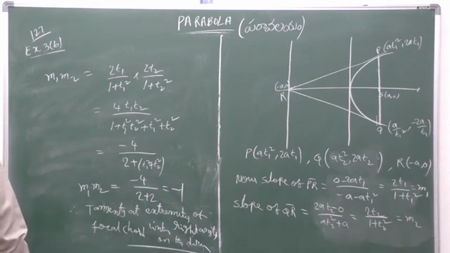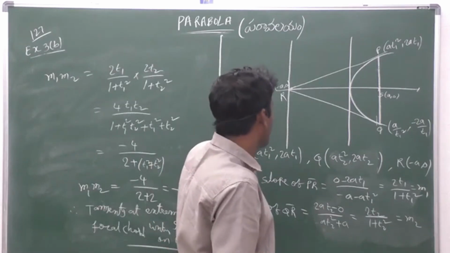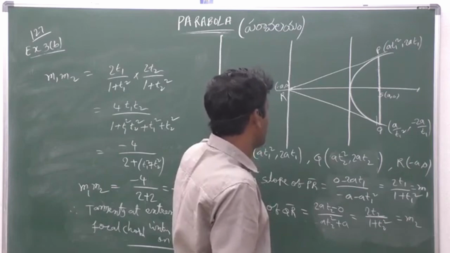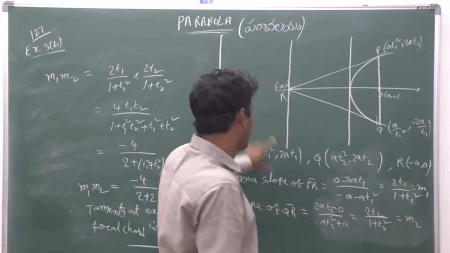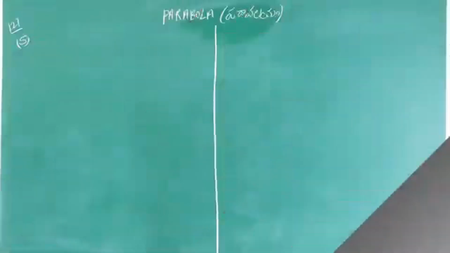That is problem number 4 on the directrix. The slope of PR and the slope of QR are m1 and m2, and m1 into m2 equals minus 1.